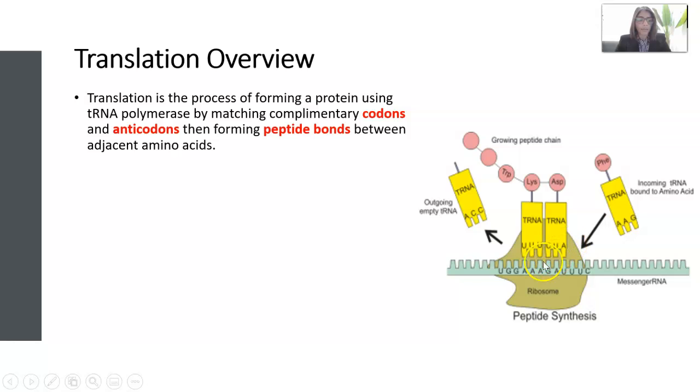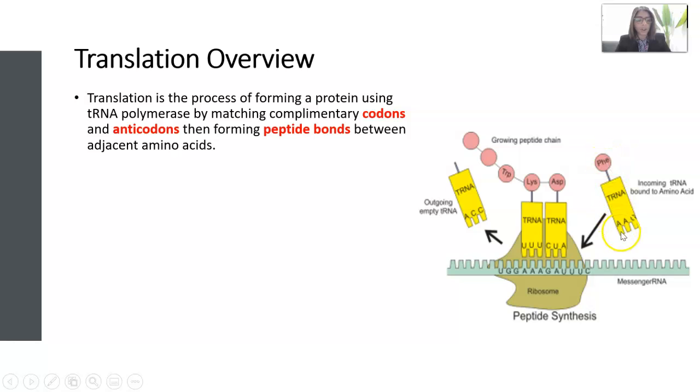As that happens, as these tRNA molecules bind to mRNA at their complementary base sequences, it brings with it an amino acid. So you can see this tRNA molecule, which has the anticodon sequence AAG, brings the amino acid phenylalanine, or PHE as it says here.